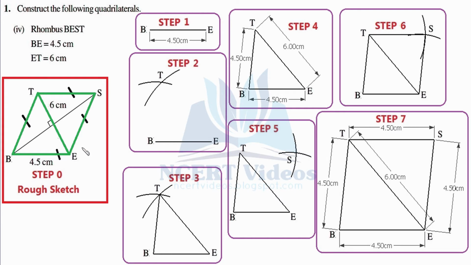Again, we will readjust our compasses at a distance of 6 cm because we are considering the length of line segment ET this time. So we will put our needle over here, that is at vertex E, and we shall construct this arc. So wherever both these arcs intersect each other, that will be our point T, which will be at a distance of 4.5 cm from vertex B and 6 cm from vertex E. In step third, we simply use our ruler and draw the actual line segments.